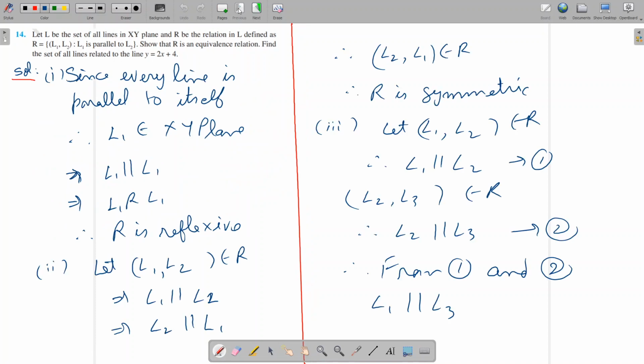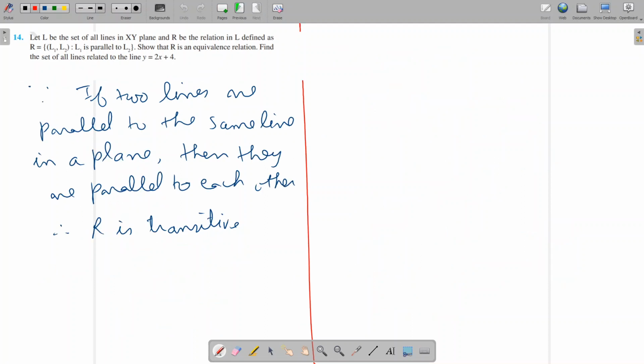Let us visit back here. In the first part we have got R as reflexive, in the second part we have got R as symmetric, and in the third part we have got R as transitive. So that is what we will write.